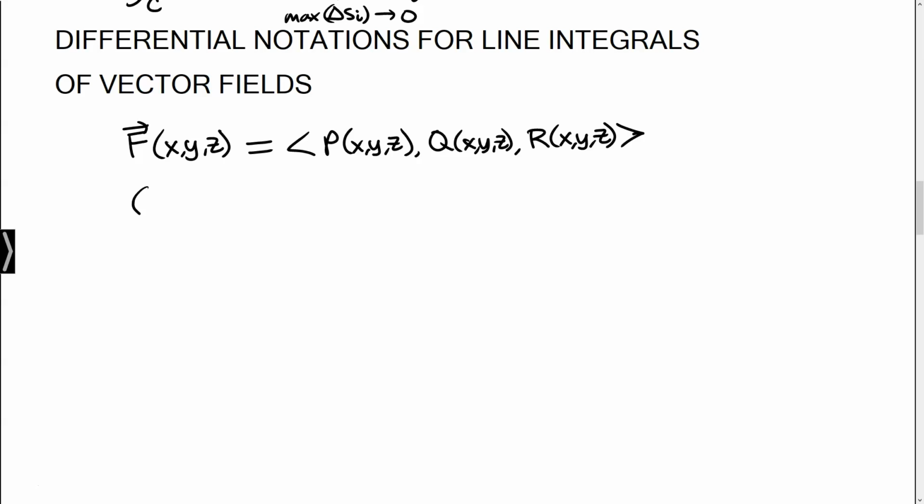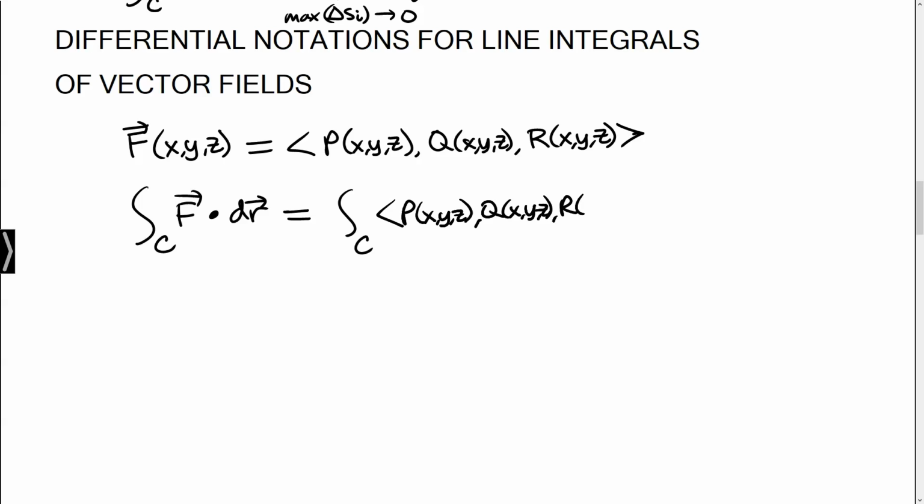And then the integral along C of f dotted with dr. Now, what is this going to mean? Well, this is going to be the integral along C of P, Q, R, and then this dr here, notice it's dr with a little arrow.